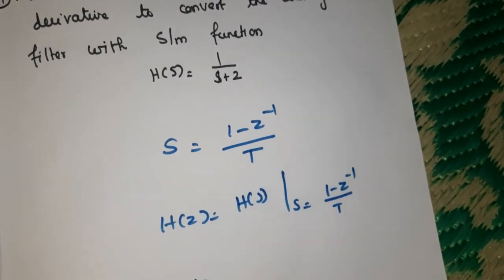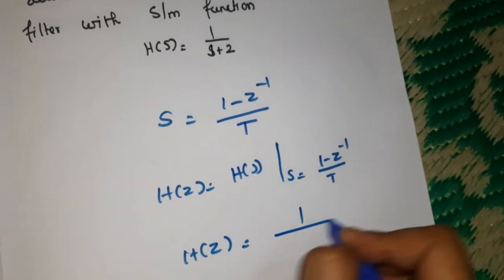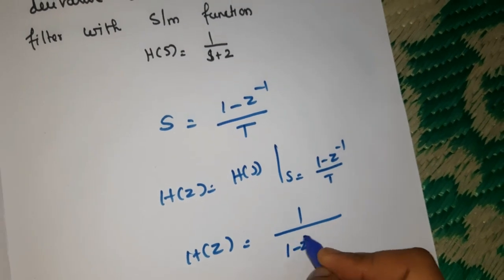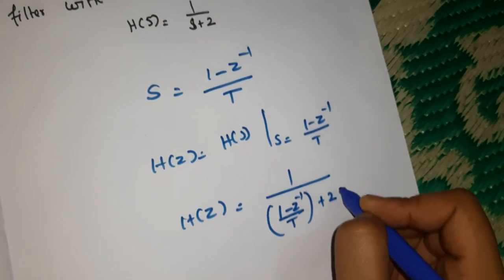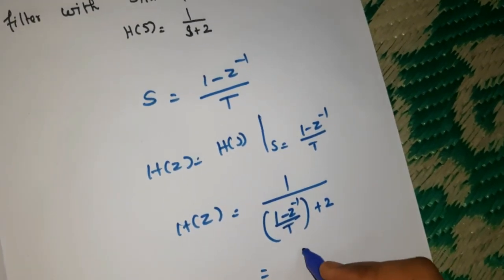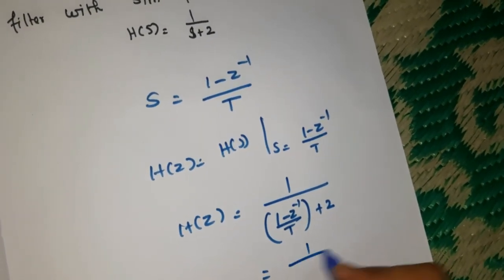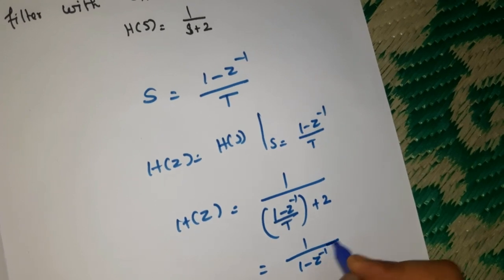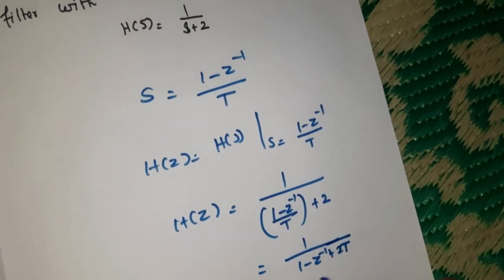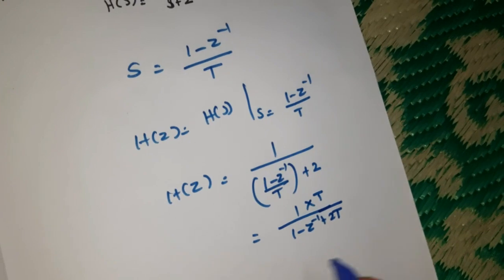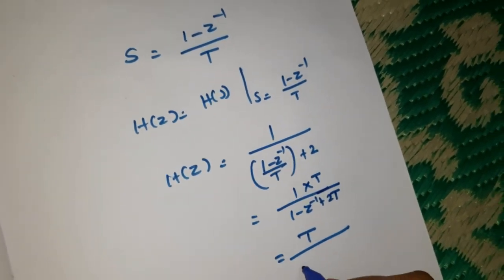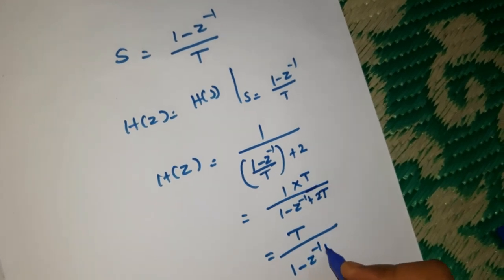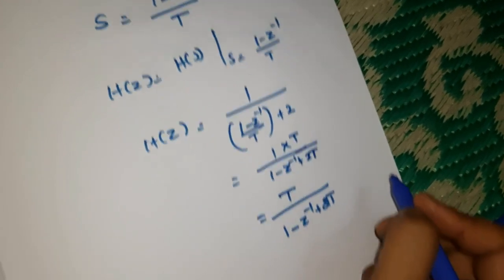So this H(z) can be written as 1/[(1 - z^-1)/T + 2]. Solving this, we will get 1/[(1 - z^-1 + 2T)/T], and this T goes upside. So this becomes T/(1 - z^-1 + 2T).